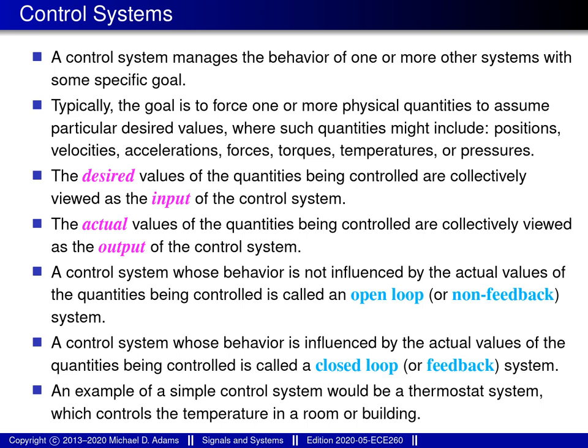Furthermore, the thermostat system can also better decide how much heating or cooling is needed based on how much the actual and desired temperatures for the room differ. If the thermostat system had to operate without knowledge of the actual temperature of the room, as in the case of an open loop system, it would be much more difficult for the system to work in an effective manner.